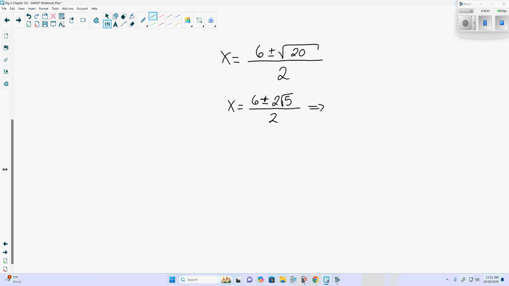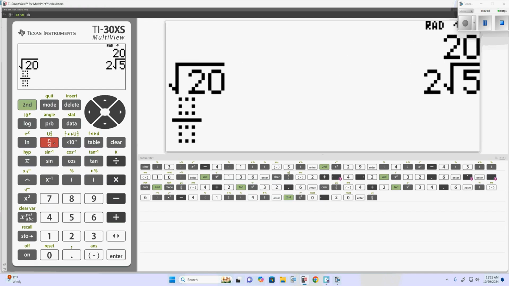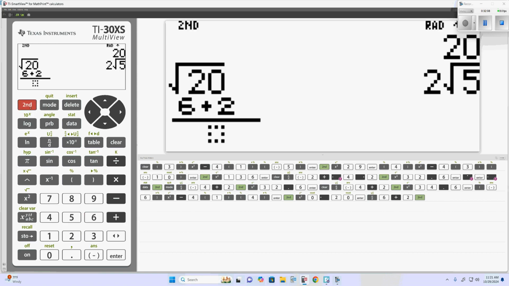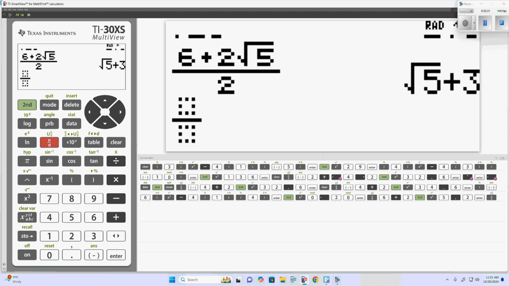This time I'm going to use the calculator to show how we can use the calculator with this here. Now the numerator is 6 plus or minus 2 square root of 5 over 2. Now we can pick the positive or negative case. It will give us a similar result. We get 3 plus the square root of 5.